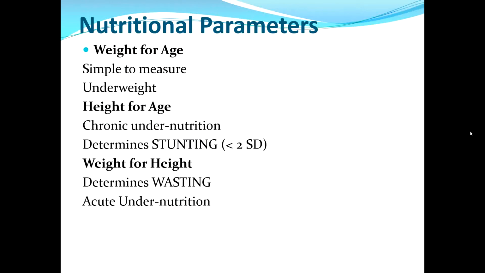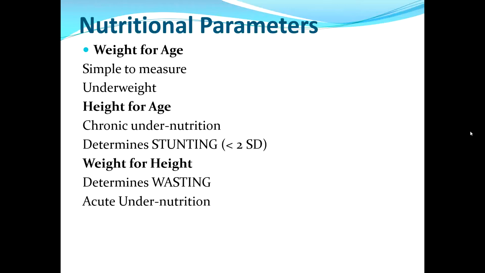We have said that the nutritional parameters to diagnose malnutrition are basically three. The weight for age determines whether patient is underweight or not. Very simple to measure, but has lowest clinical significance.